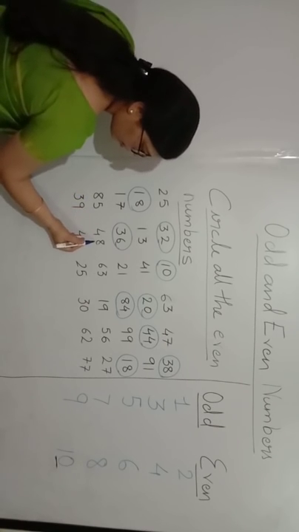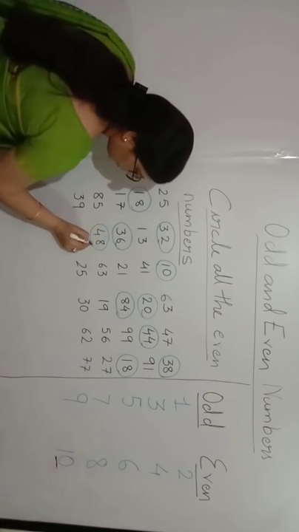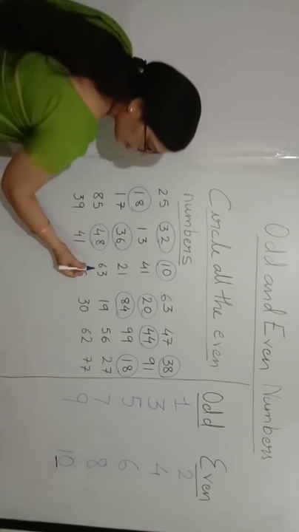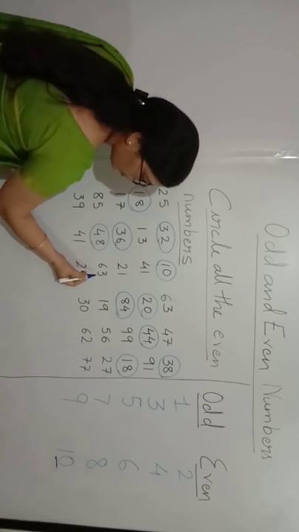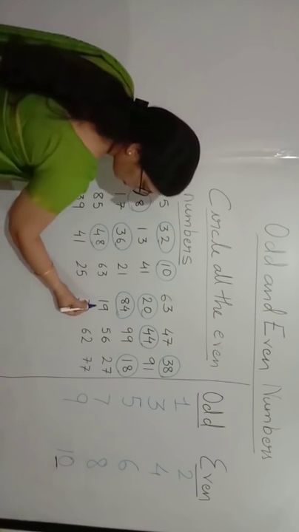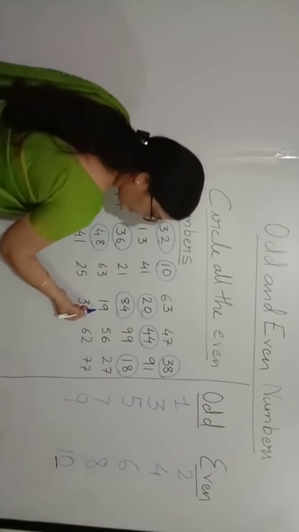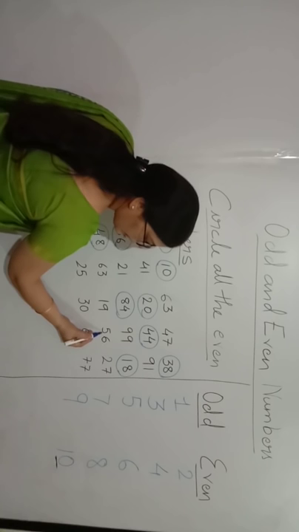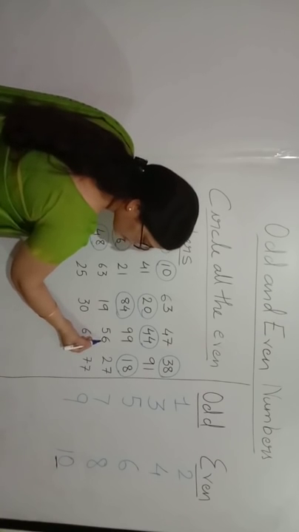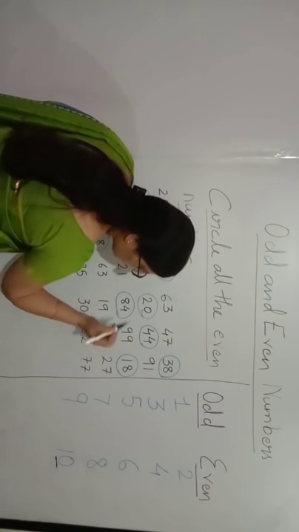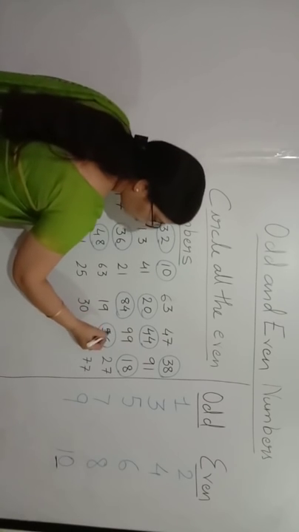Then 48, 8 is at ones place and 8 is an even number. Then 63, here 3 is an odd number. 19, the number ends with 9, it is at ones place and 9 is an odd number. Then 56, 6 is an even number, so the whole number is even.